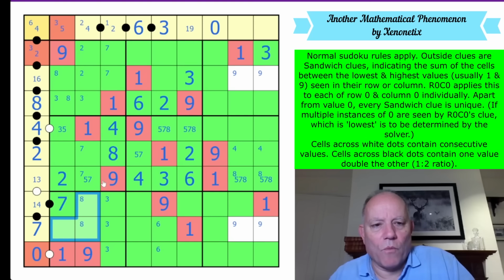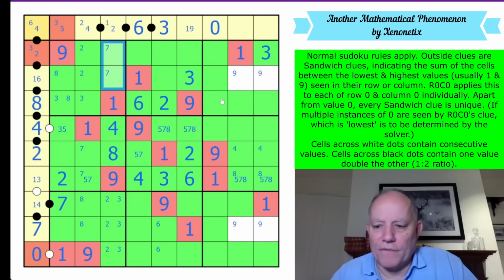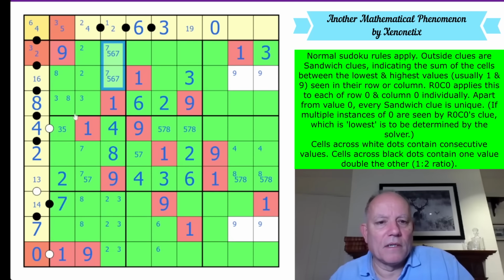9, 8, 4, 1. There is also a 2 down here. I hadn't realized that before. These are from 5, 6, 7. These are either 2, 3, 6 or 2, 4, 5. So this pair is either 8, 4 or 8, 3.